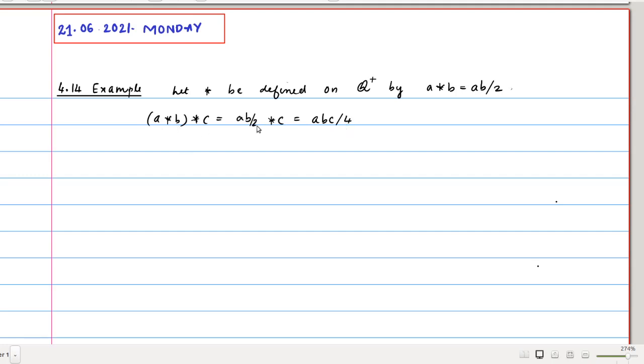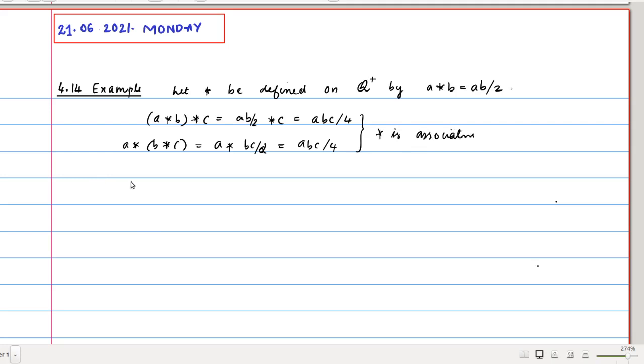In a similar fashion, you can evaluate a star (b star c), which is a star bc by 2. This is the same as abc by 4. From this you can say that the star is associative. This binary operation is associative.